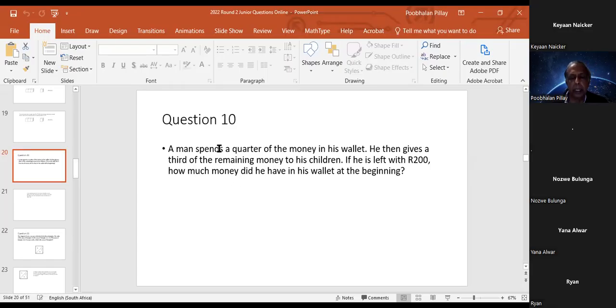Sonia, right. Okay. Well, in this problem here, I need to share. But you can see it. All right. A man spends a quarter of his money in his wallet. So he's got a certain amount of money in his wallet, and he spends a quarter of that. He then gives a third of the remaining money to his children, and he's left with 200 rands.